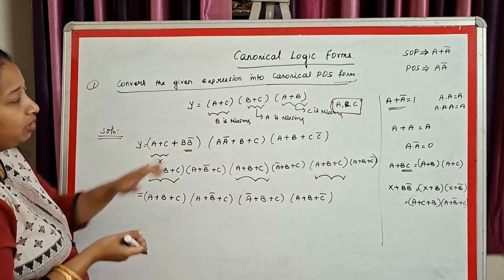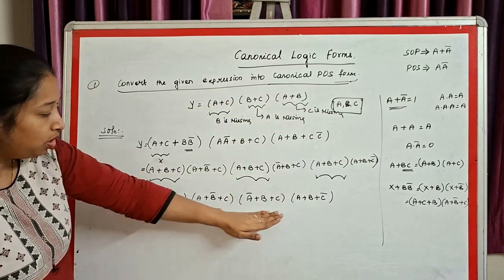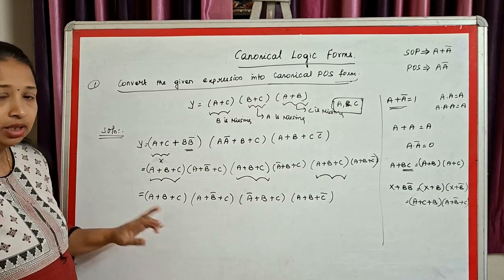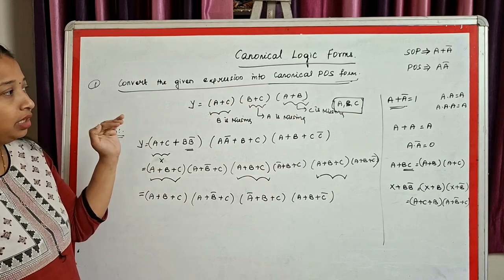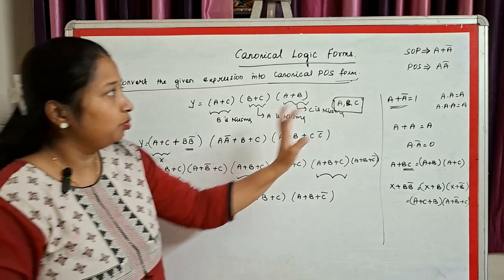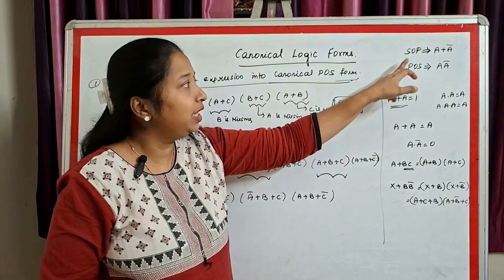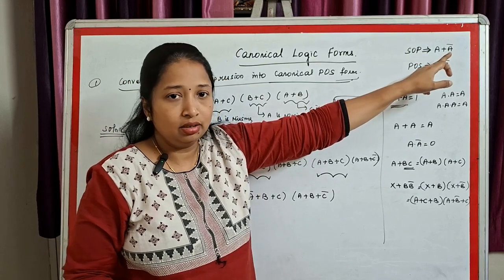This is how we have converted the non-canonical POS form that was given in the question into a canonical POS form. There are only two rules that you will have to concentrate on in this logic. If they give you any non-canonical standard form, be it POS or SOP, you just have to follow this rule. If it is an SOP, the missing variable has to be represented like A plus A bar.